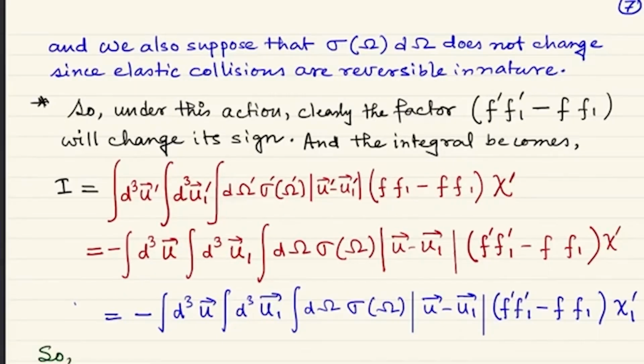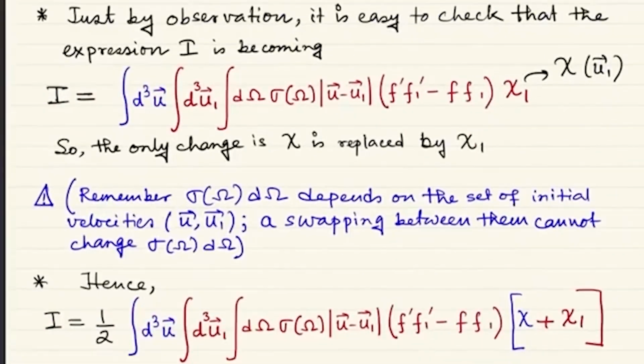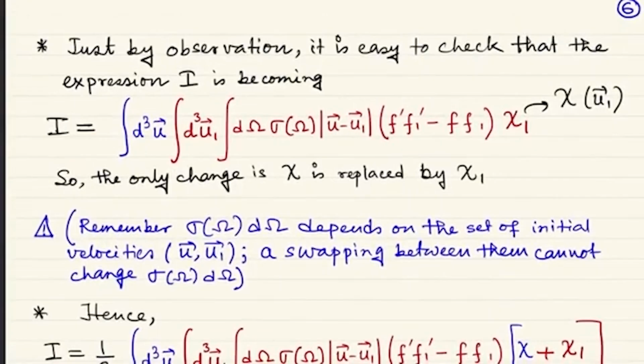But one thing is very easy to understand: you have this expression for I. Now you can simply say that I am studying the reverse collisions. I am trying to do the same type of integration for the reverse collision process, or inverse collision process.